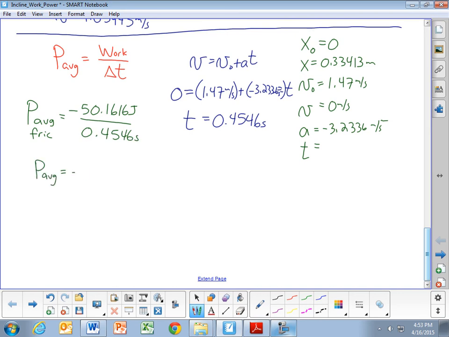So that average power is negative 110.342 watts, or the magnitude of it just means the absolute value, so it'd be 110.342 watts.